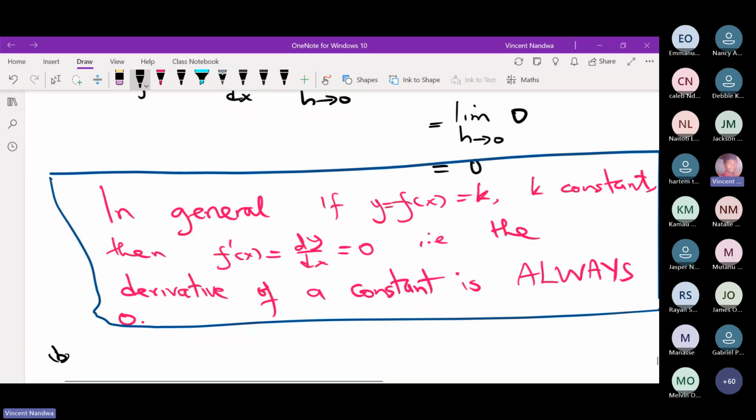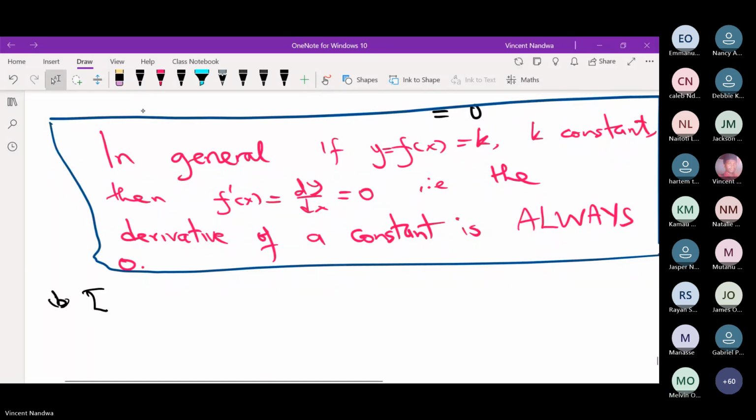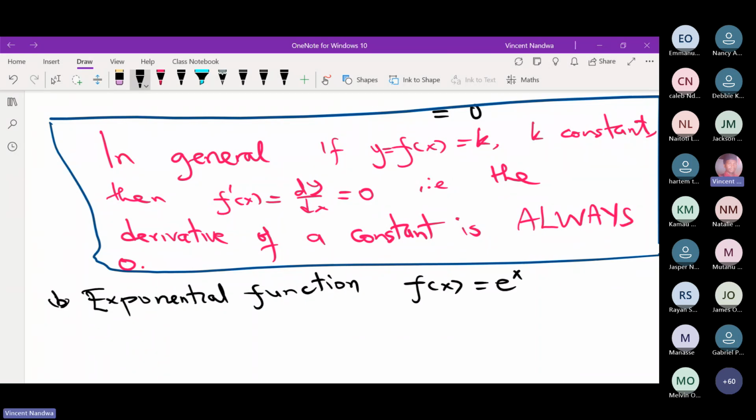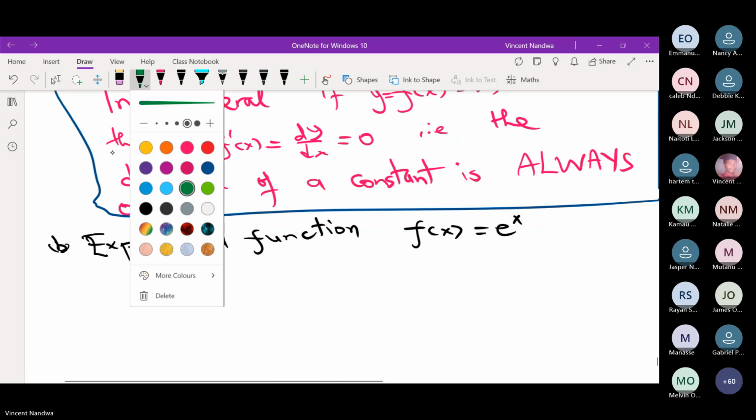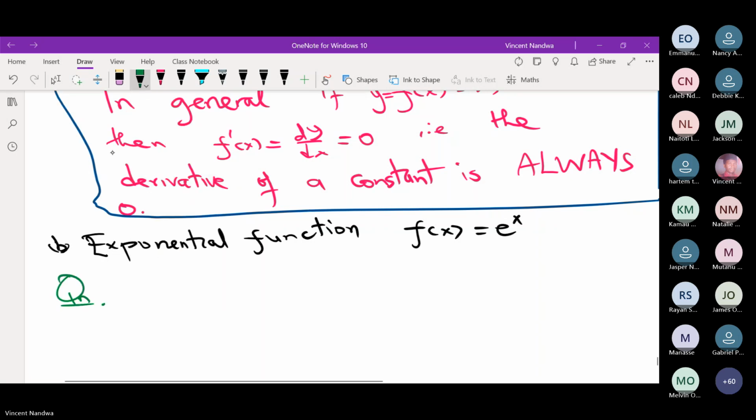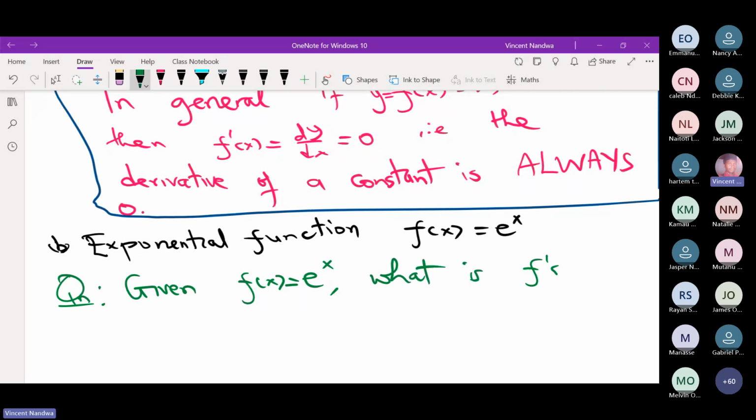Then another special function that I would like us to discuss is the exponential function, given by f of x equals e power x. So the question here, given f of x is e power x, what is f prime of x?